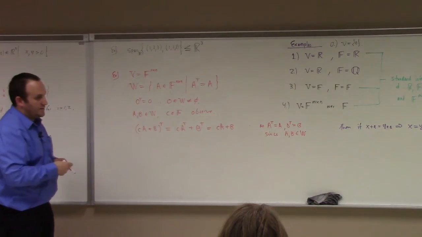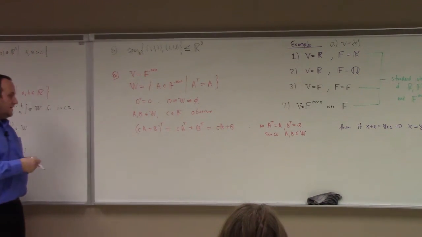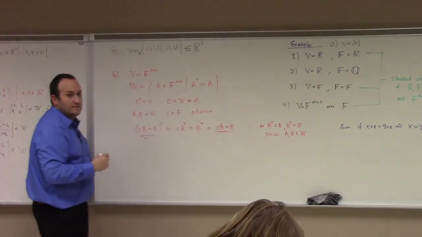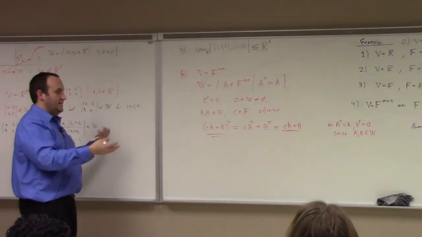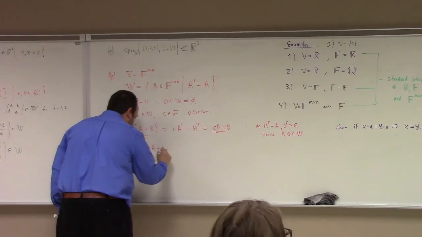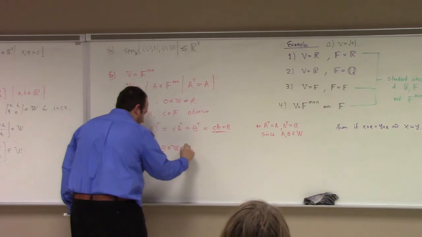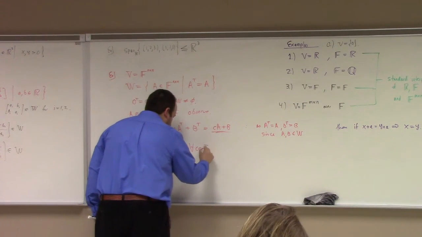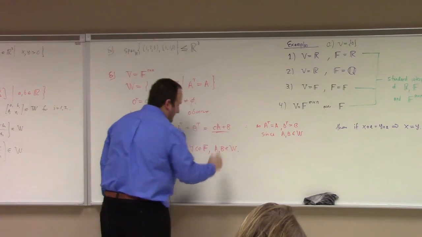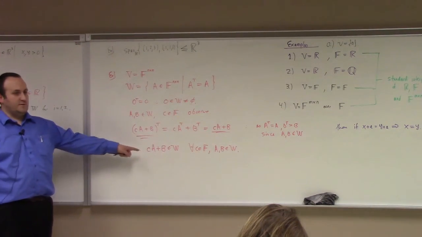And those conditions are what make vectors in W and W. And then, what do you have? Well, you've got this is equal to that, right? Which shows you that CA plus B is an element of W for all C in the field and A and B in W. And then, of course, what can you do?